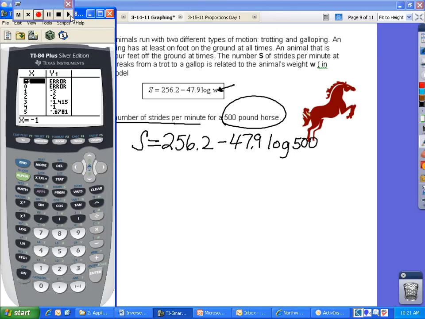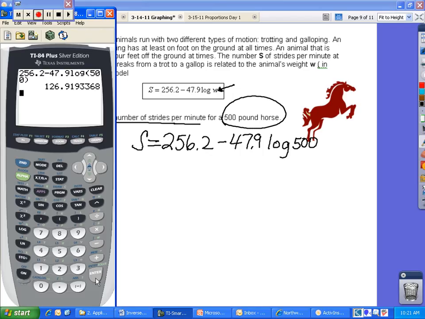Okay, so let's go back to the calculator. Go ahead and go back to your home screen. And you're going to put in 256.2 minus, it's going to automatically multiply first for you, so you could put parentheses in if you wanted to, but you don't need to. Log of 500, go ahead and end your parenthesis, and I think I put in 5,000, so let me delete one of those zeros, and end my parenthesis.